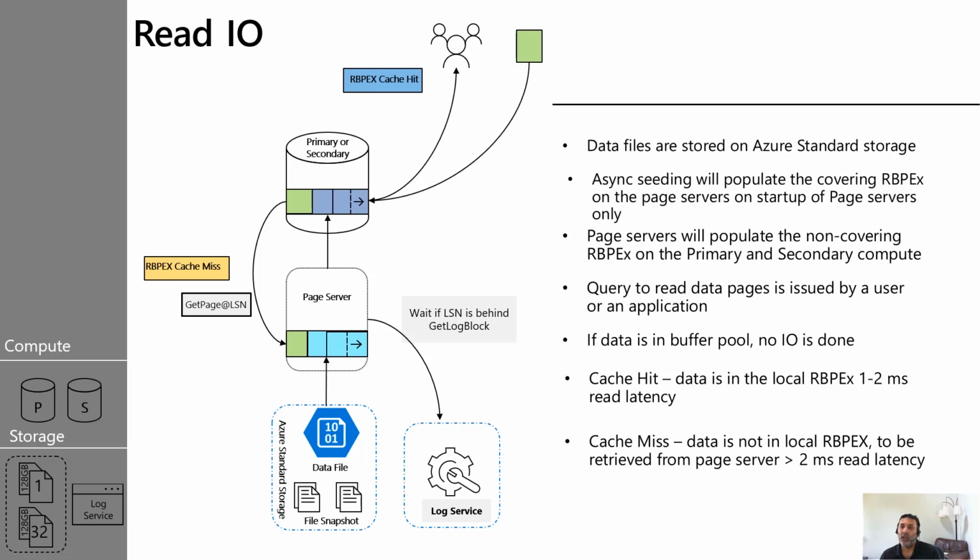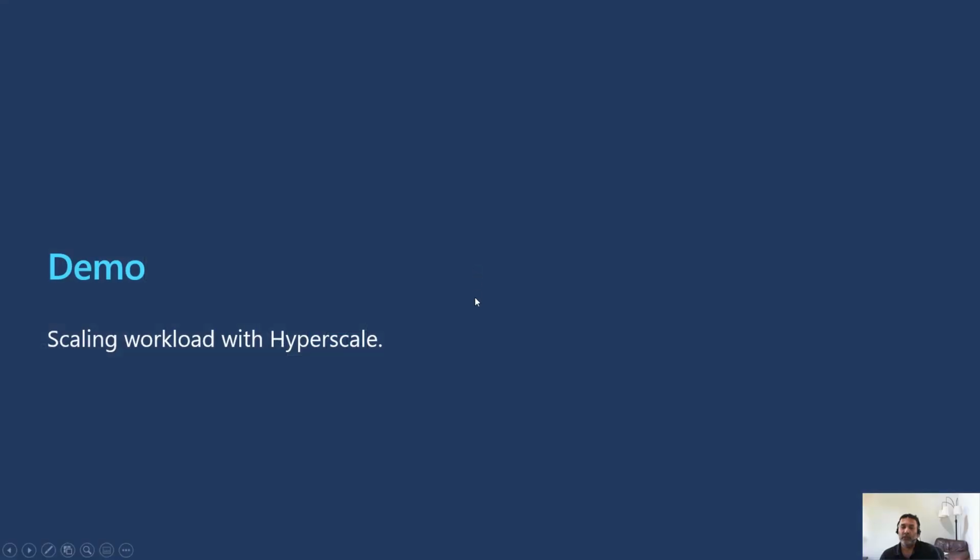If it's in local RBPX, we're talking 1 to 2 seconds. If it's a remote page read from page server, then it is 2 seconds plus. And the plus is in particular if a page server is behind in applying log and has to apply the log, then that time accounts for the get page call. Then the page is returned and all is good.